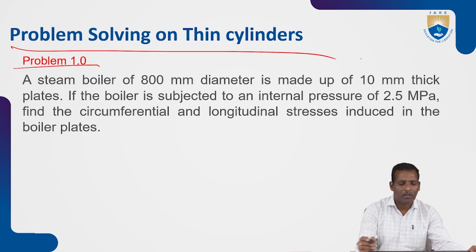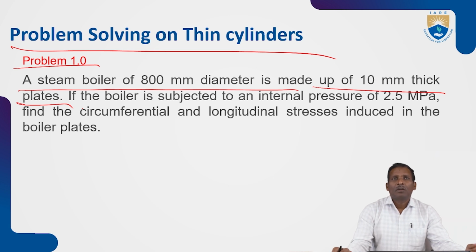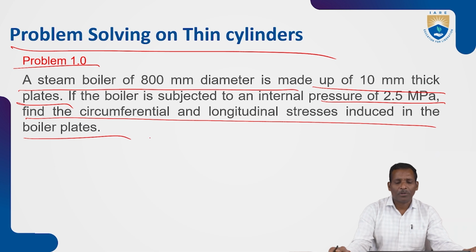A steam boiler of 800 mm diameter is made up of 10 mm thick plates. If the boiler is subjected to an internal pressure of 2.5 megapascal, find the circumferential and longitudinal stresses induced in the boiler plates.